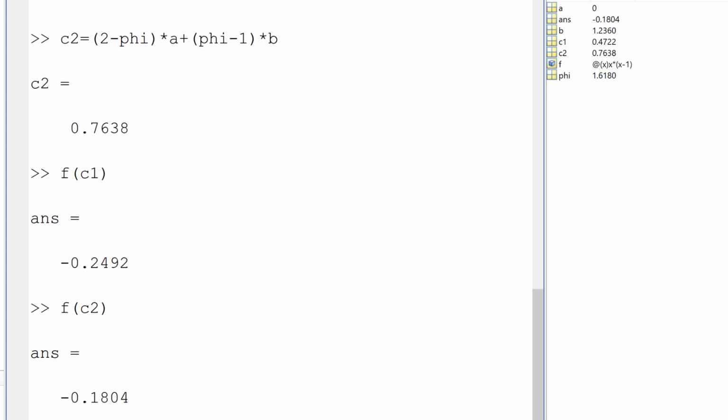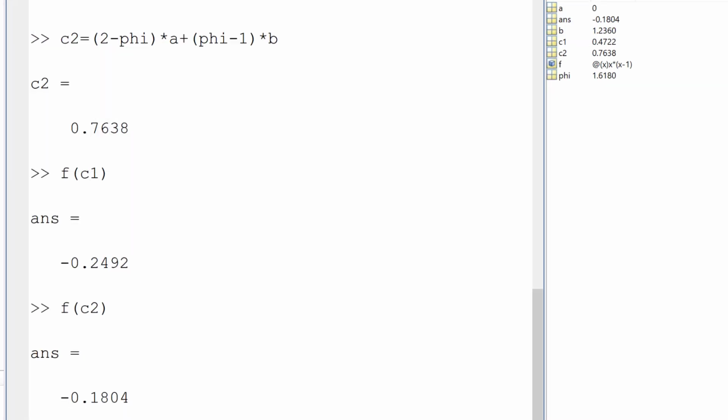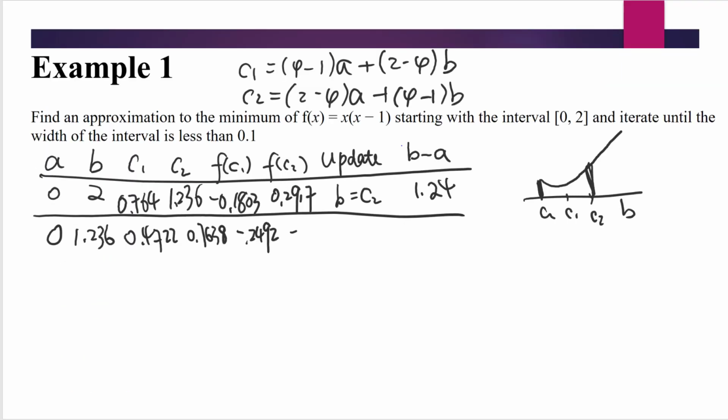So negative 0.2492. The other one is negative 0.1804.